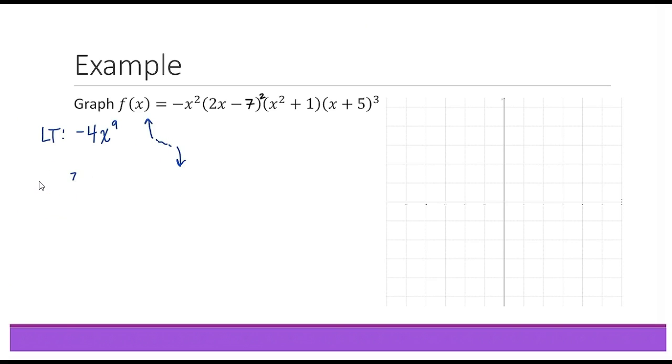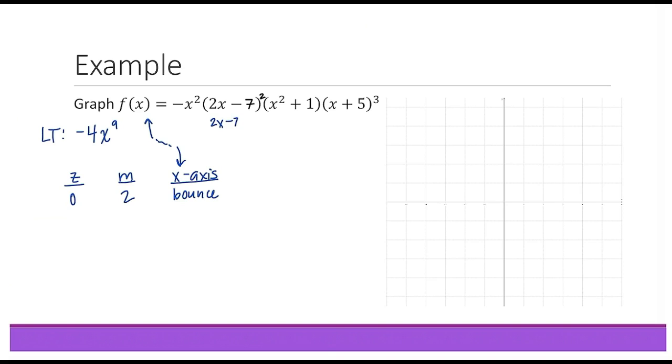Now, in terms of the zeros, we're going to think about the zeros, their multiplicity, and their x-axis behavior. The first zero is going to be 0 from this x squared term. So 0 with a multiplicity of 2, therefore it will bounce off the x-axis. The next factor, 2x minus 7, is going to give us a zero of 7 over 2.